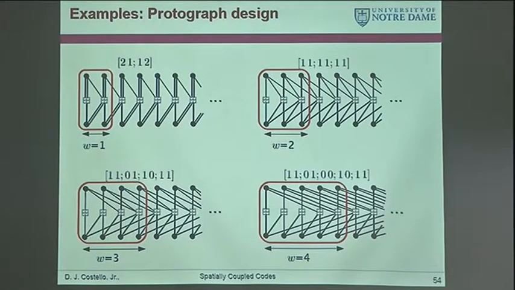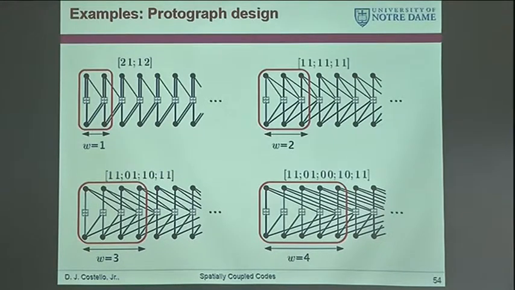That's the traditional convolutional code that you think of: in the notation we were using the other day, k equals 1, n equals 2, say, and a huge memory in the encoder. That would be the view where we have a lifting factor of 1 and a huge coupling width. But another way of looking at it is shortening the coupling width and having bigger lifting factors.